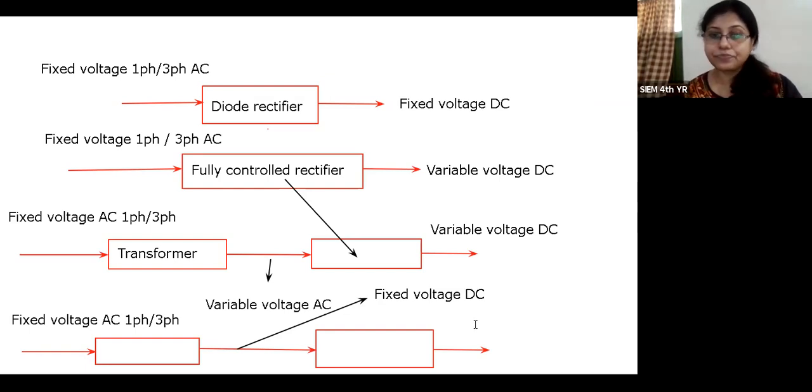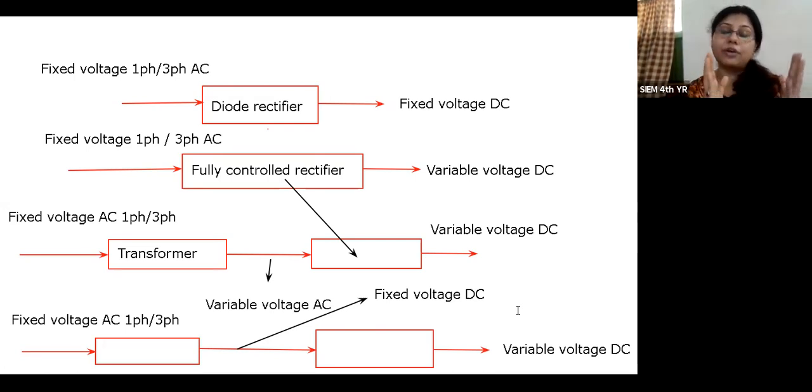Now again, this fixed voltage DC is fed to the second power modulator, and the output of that second power modulator should be variable voltage DC, or variable DC voltage. So the input of the first power modulator is fixed voltage AC, but the output of the second power modulator is variable voltage DC, fixed DC to variable DC.